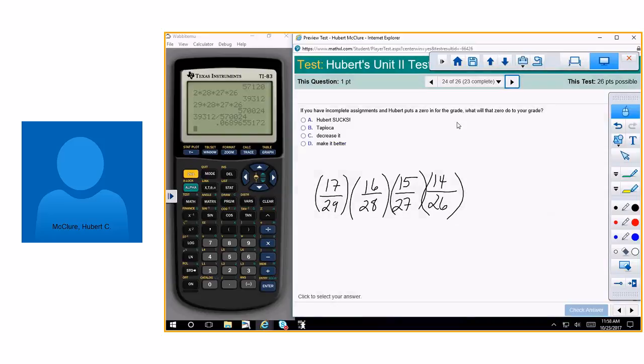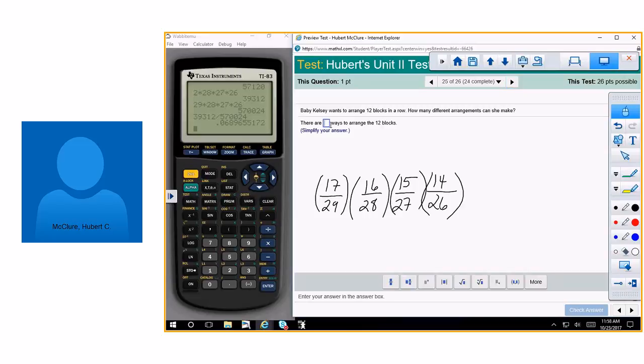Next question. Baby Kelsey wants to arrange 12 blocks in a row. So what does it come down to? 12 factorial. So somebody give me 12 factorial.